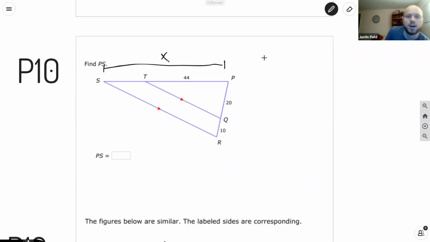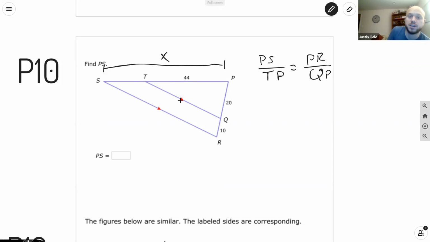So I'm going to write it like this: PS over TP is equal to PR over QP. It's a weird way to write it, but it's true.